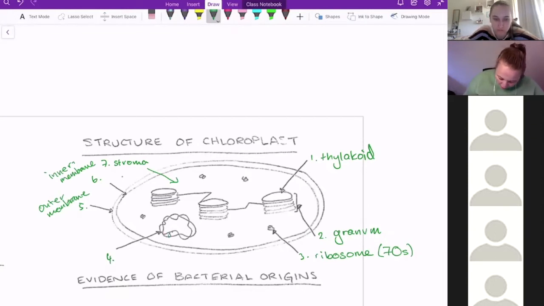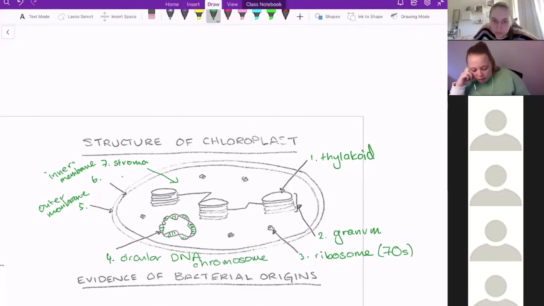What does it kind of look like if I give it some more lines? It is a nucleic acid. It's the circular DNA chromosome. Okay, so I tend to start off revising photosynthesis by focusing on the chloroplast and what's happening within it.